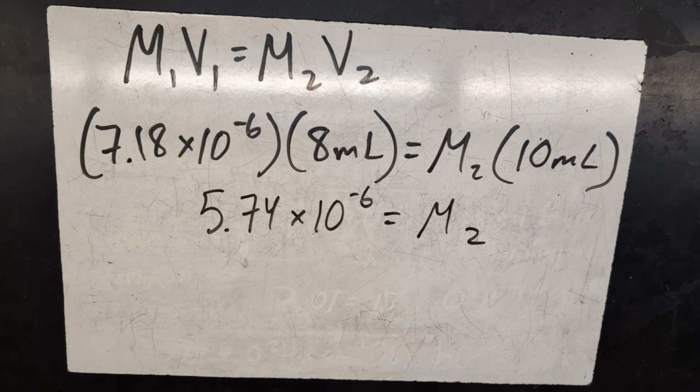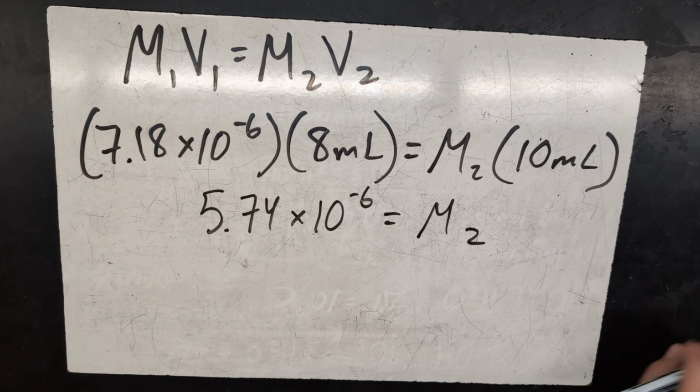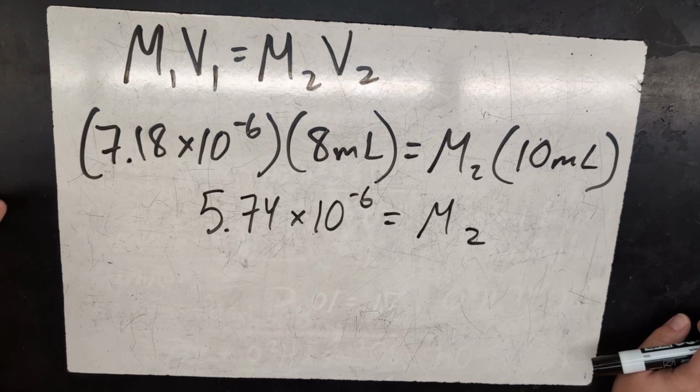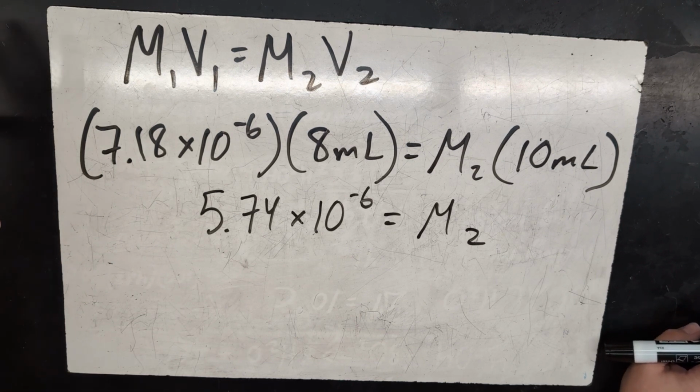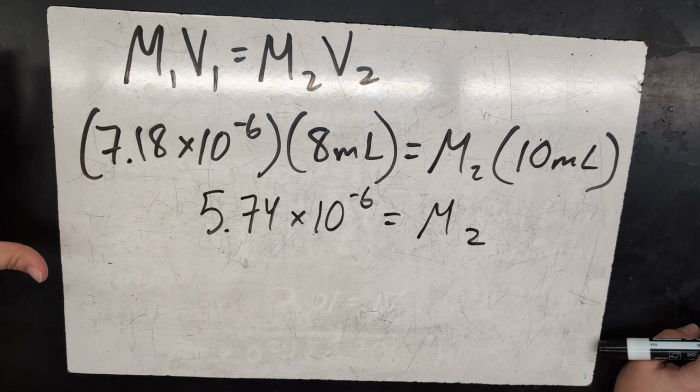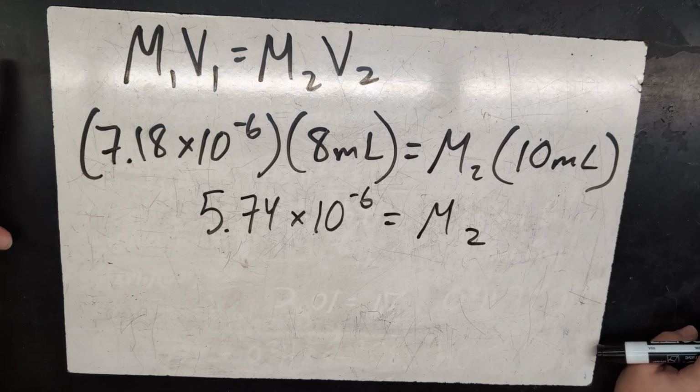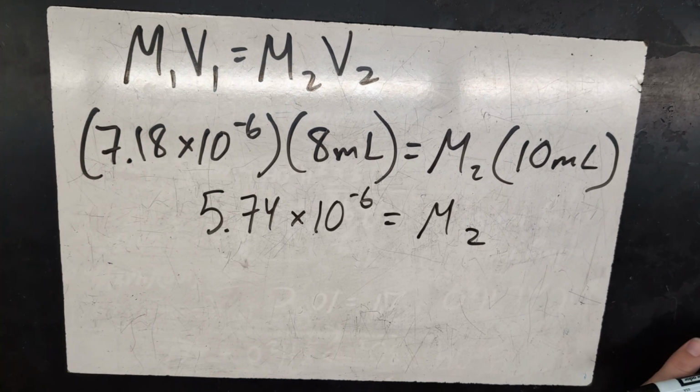So you're going to use the dilution equation, M1V1 equals M2V2, to calculate the concentration for each one of the dilutions that you're going to make. This also might be a good opportunity to introduce students to the proper way of making solutions. If you're strapped for time, they could use volumetric flasks and the proper dilution methods to create these different dilutions.